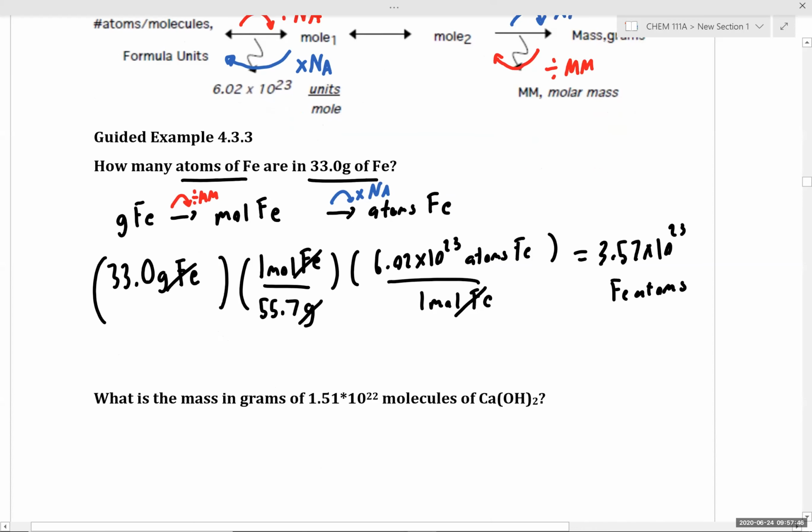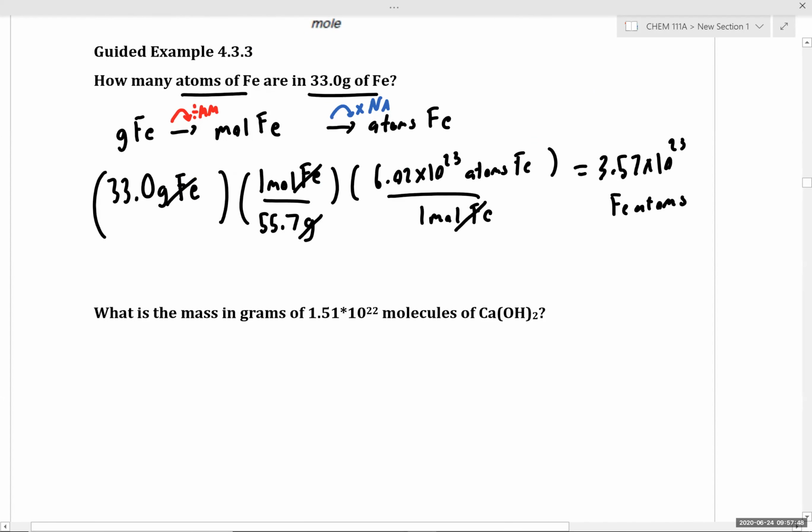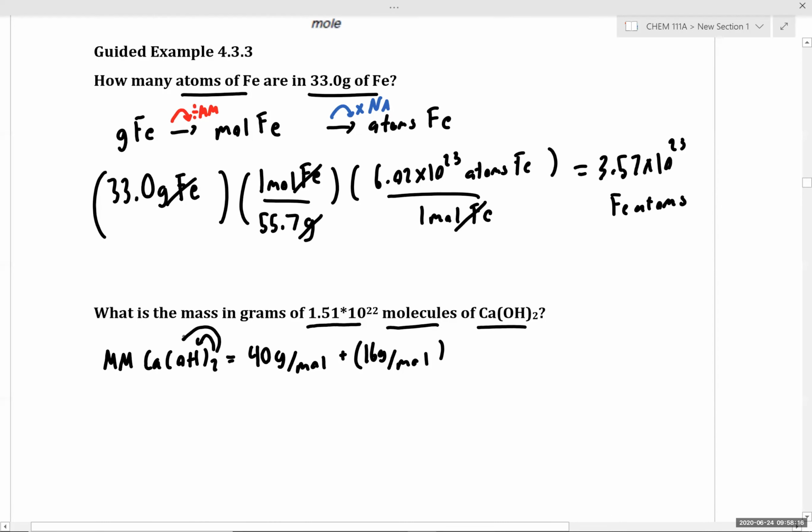Let's do another example. So we're asked to figure out the mass in grams of 1.51 times 10 to the 22nd molecules of calcium hydroxide. So let's do a sidebar calculation. The molar mass of calcium hydroxide is equal to the mass of calcium, which is about 40 grams per mole, plus the mass of oxygen, which is about 16 grams per mole, times the number of oxygen atoms.